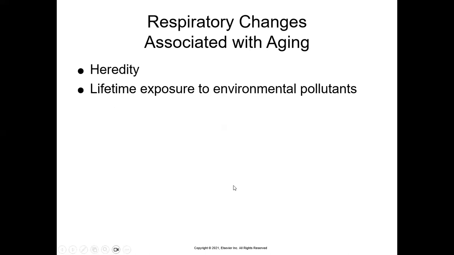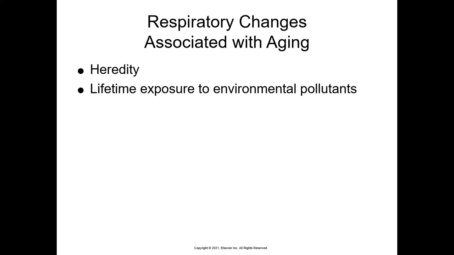With the respiratory system, changes happen with aging. As you age, you get exposed to more pollutants within the atmosphere and within the air. Also, depending on what kind of profession you have, you may have environmental exposure to paint or to pesticides.